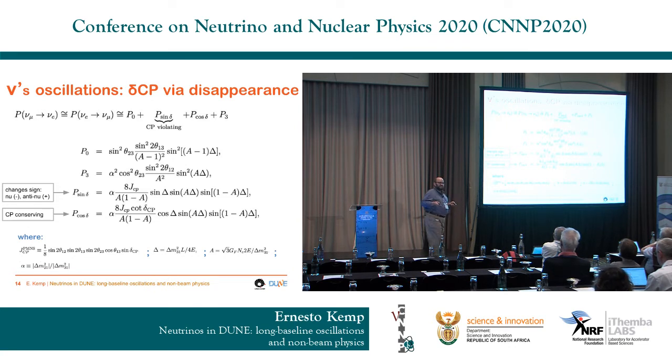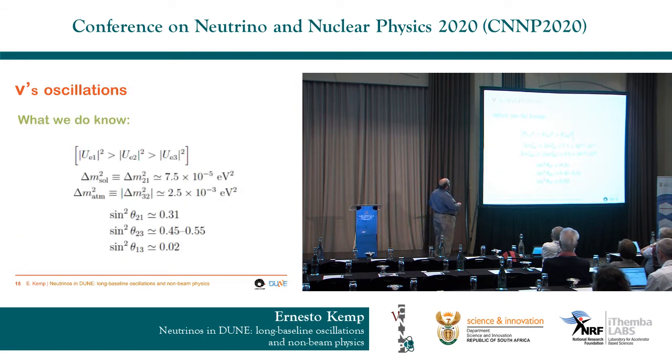But since we are interested in the appearance mode, the probability can be split in 4 terms, and this one is responsible for showing the behavior or the intensity of CP violation, because you change the sign in the sine term in this probability.